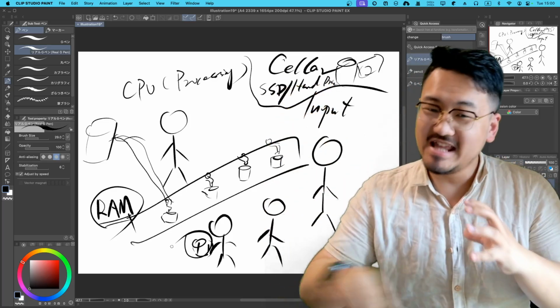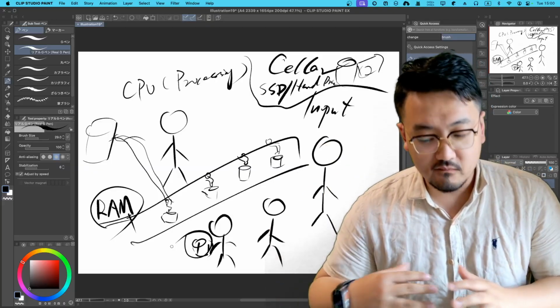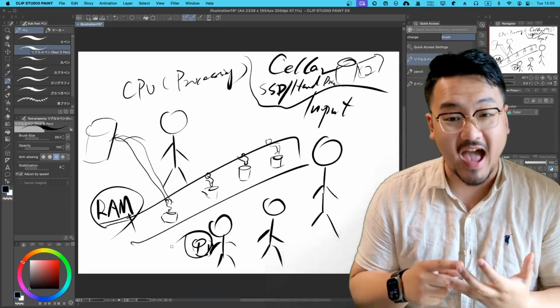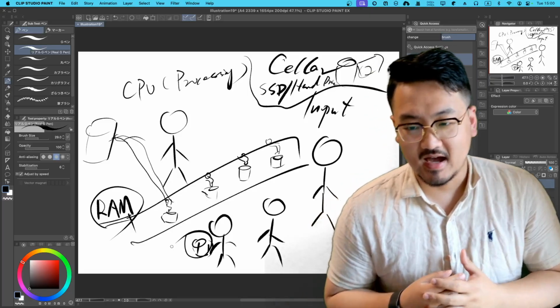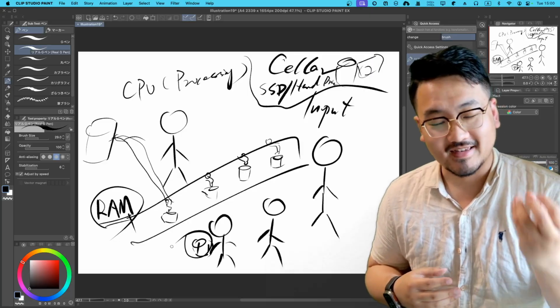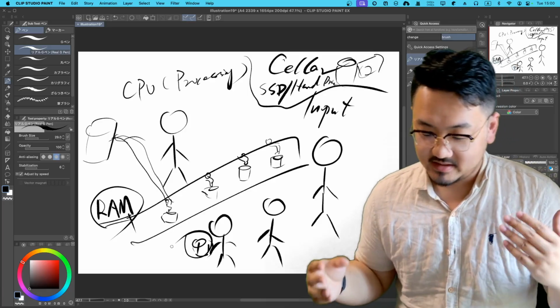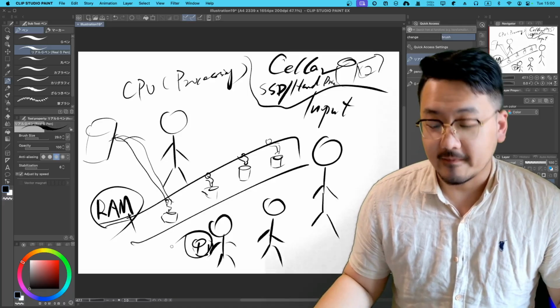You just have a really rough understanding of what's going on, what the CPU is, what RAM is, what the hard drive or SSD, solid state drive, is, again a way of storing information, and what the inputs are. I think that's already pretty enough.